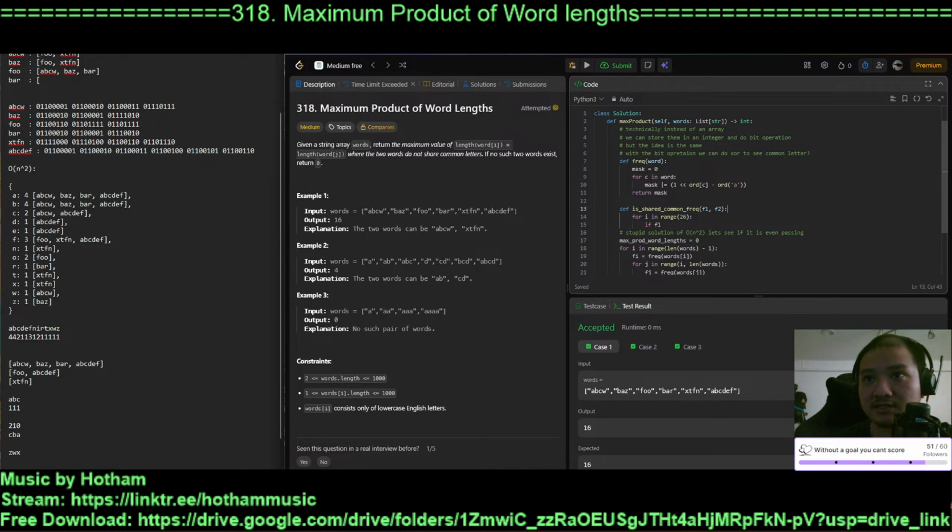So basically mask equals 0. The mask first, so somehow we need to do that.